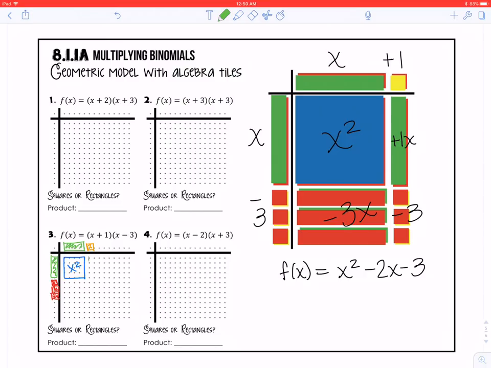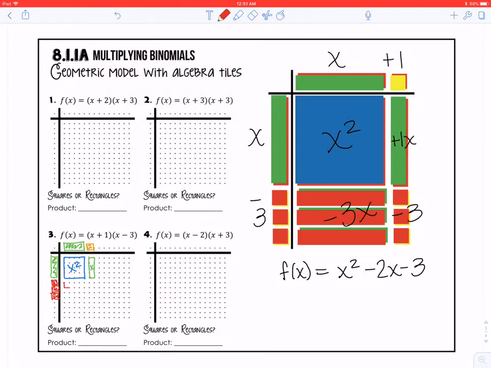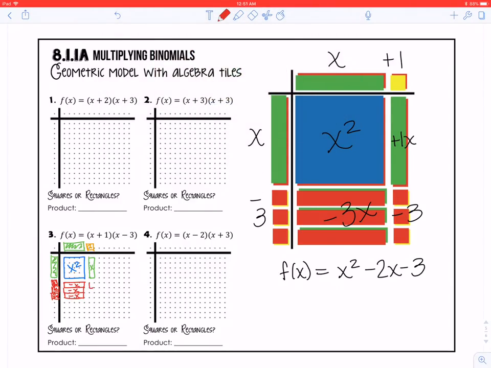Positive times positive is positive. So there's my positive x. Negative times a positive is negative. So I'll have 3 negative x's here. And if you want to label them individually or as a group, that's up to you. And then negative times a positive is negative for my itty bitty squares.